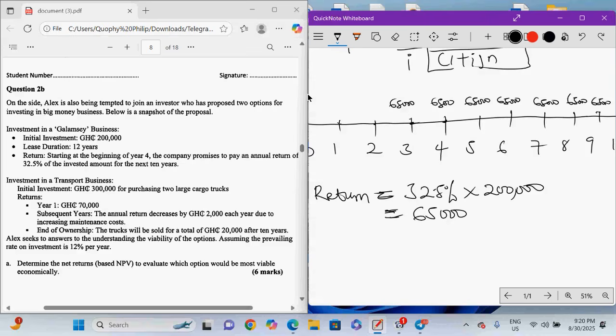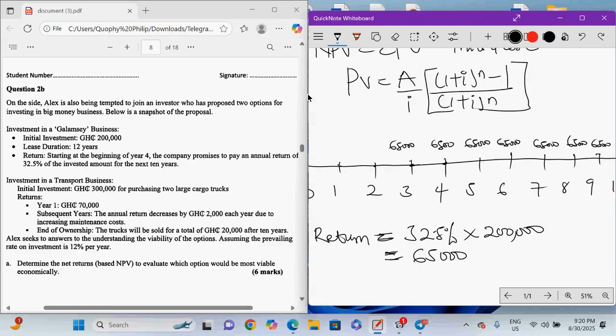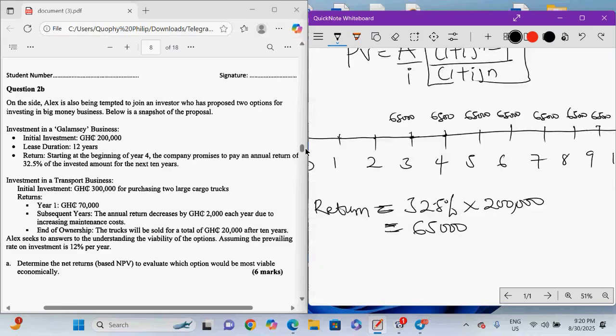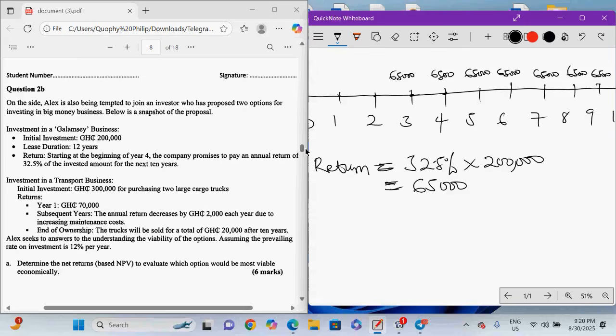Now that we have the cash flow, we want the present value. So now this 65,000 is the equal payment, which will represent our A. So now we can get our present value.